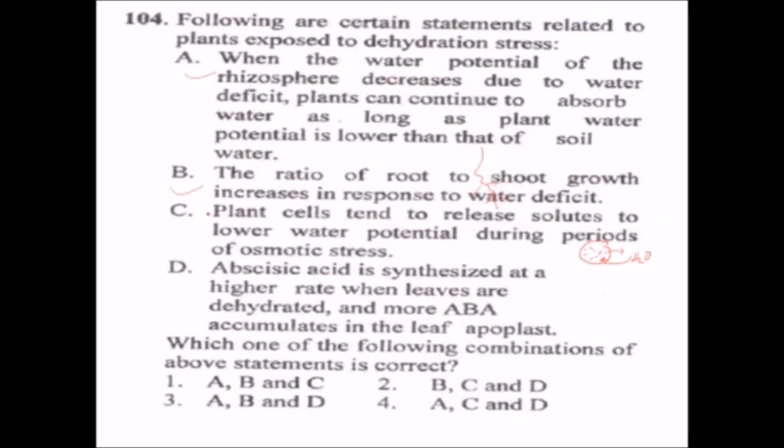So statement C is wrong. But abscisic acid is synthesized at a higher rate when the leaves are dehydrated, and more abscisic acid accumulates in the leaf epidermis. It's also true. So statements A, B and D are right, and the answer will be number 3.